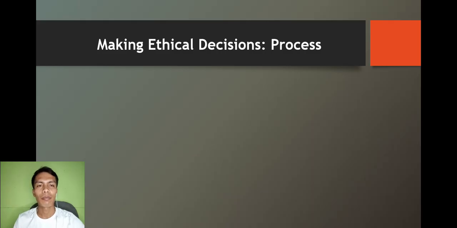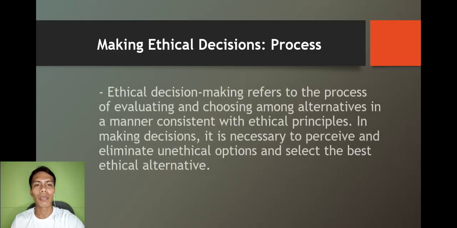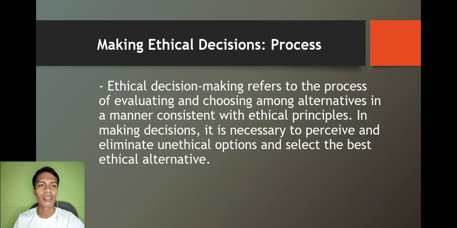Then next we have the process of making ethical decisions. Ethical decision making refers to the process of evaluating and choosing among alternatives in a manner consistent with ethical principles. In making decisions, it is necessary to perceive and eliminate unethical options and select the best ethical alternative.